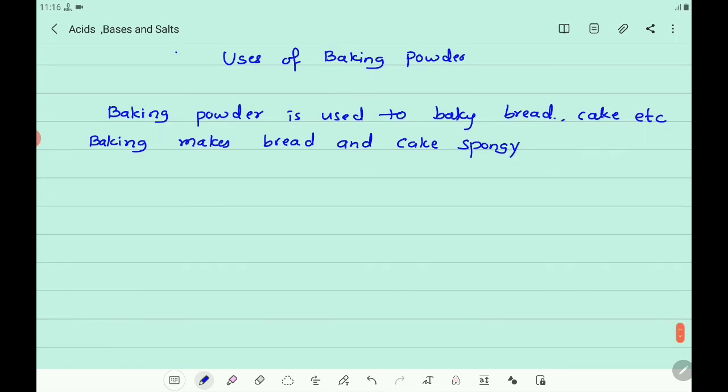How does baking powder make bread and cake spongy?